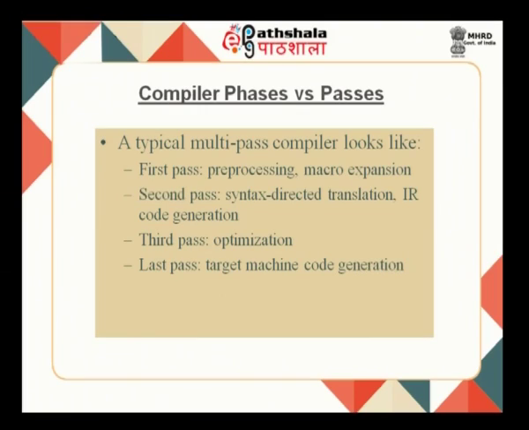So, the first pass is pre-processing and macro expansion. The remaining analysis phase basically happens in one single pass, that is verifying whether a particular token is correct or incorrect, whether a sequence of tokens makes meaningful statements, and then I will also do type checking there, convert into a syntax tree representation and then generate intermediate code for the same.